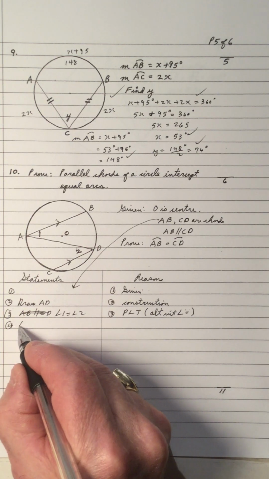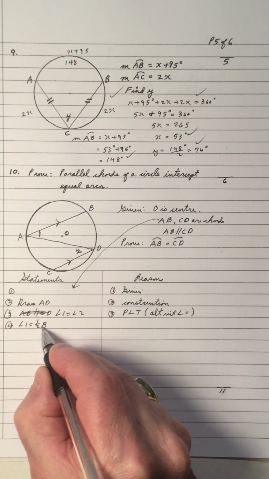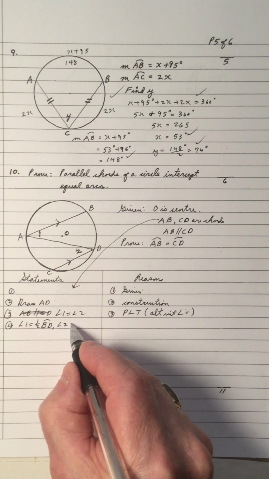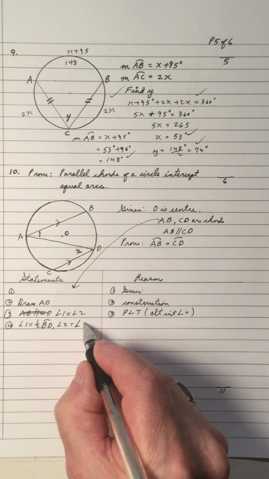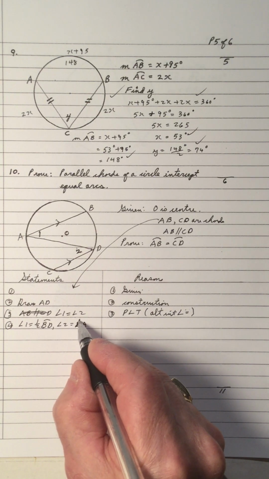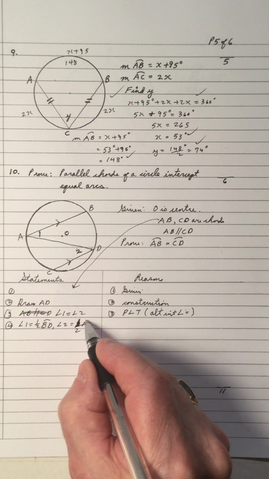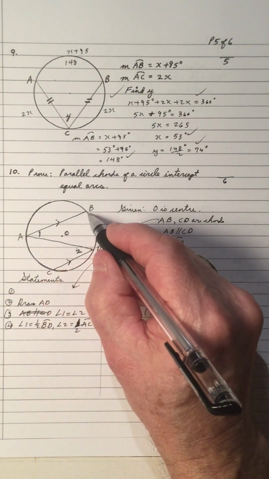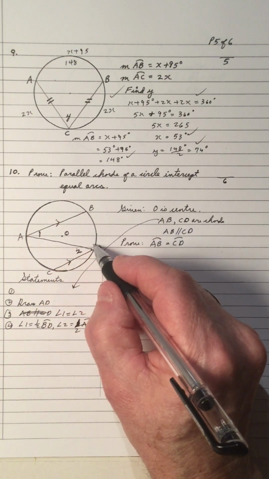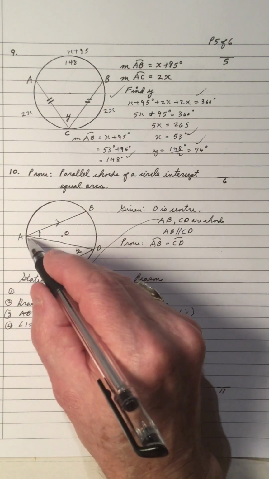And we have number 4. Angle 1 is half of the arc BD, and angle 2 is half of the arc AC. So angle 1 is half of this arc because it's an inscribed angle intercepting this arc. Angle 2 is this angle intercepting this arc.